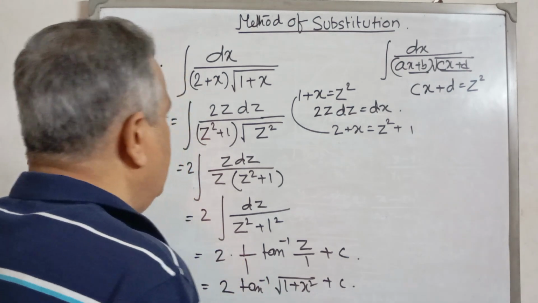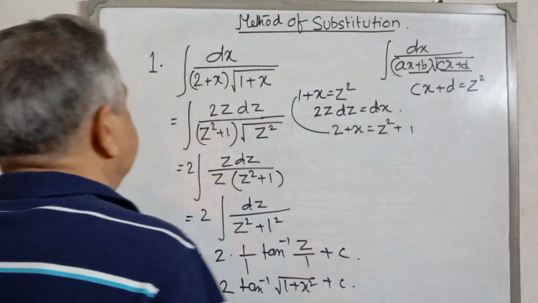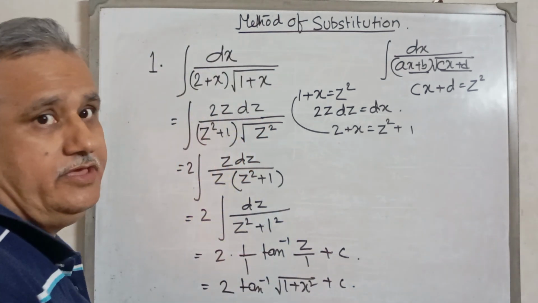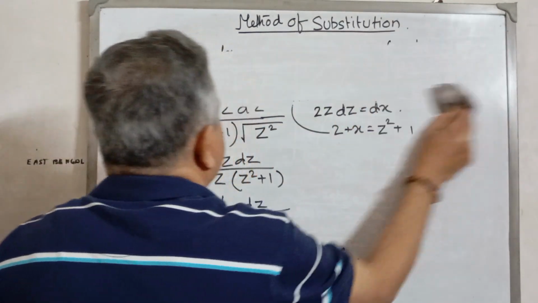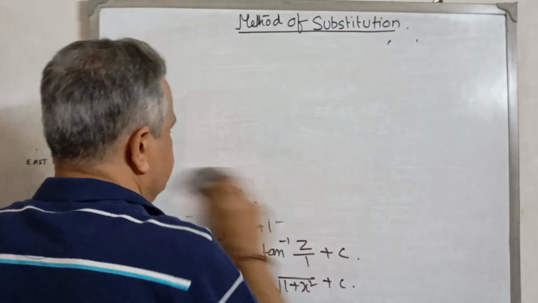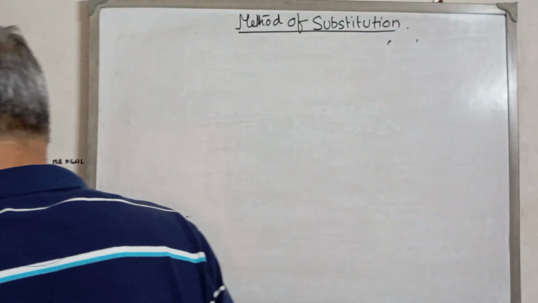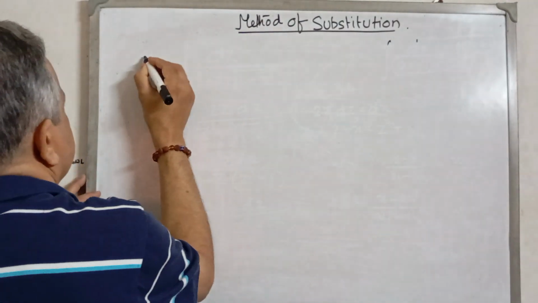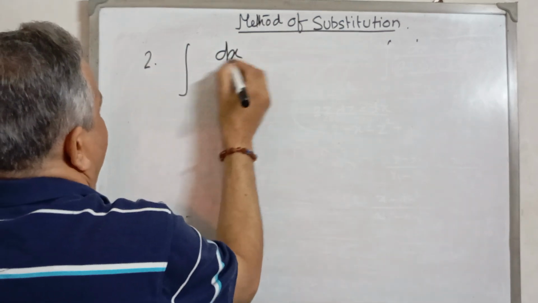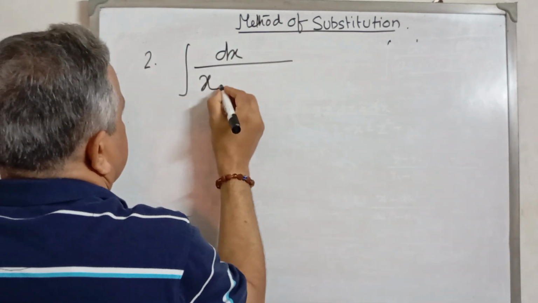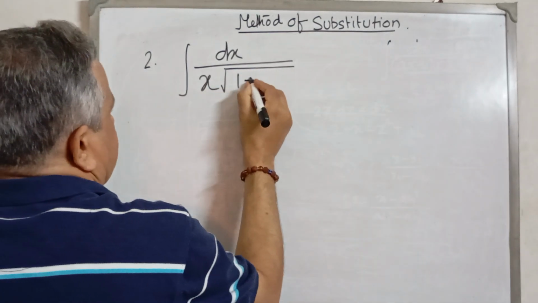Next we are going to solve another problem of a different type. Next problem is the integration of dx by x root over 1 plus x square.